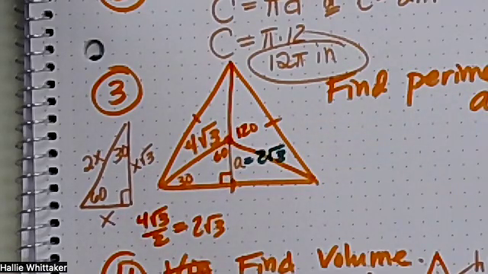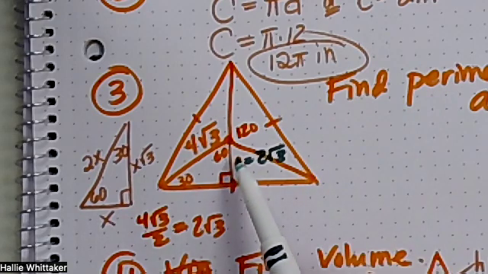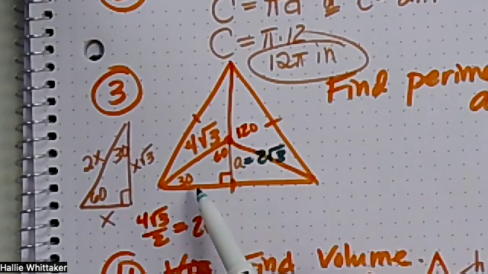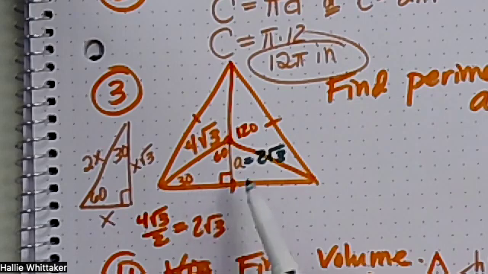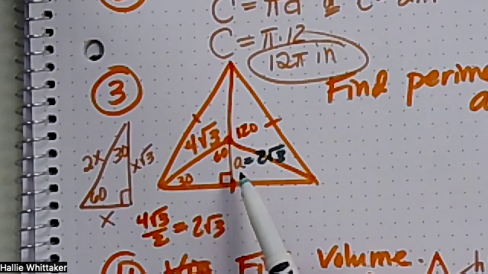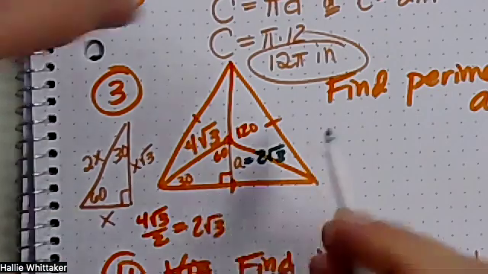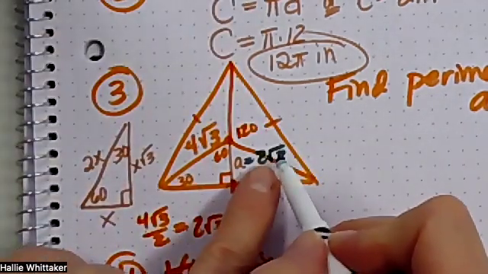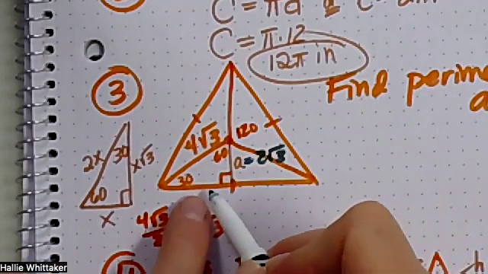Now, stay with me. To go from the short side to the long side, opposite 60, what is that? Short side to long side. Come on, guess. I think you know. Yeah. So Avery just said it. We're going to multiply the short side by square root of 3 to get to the long side.